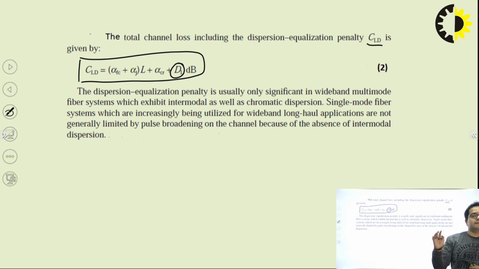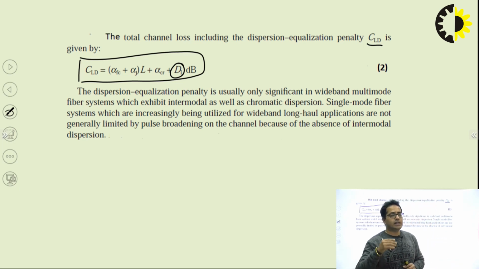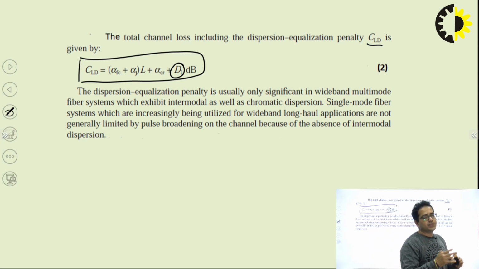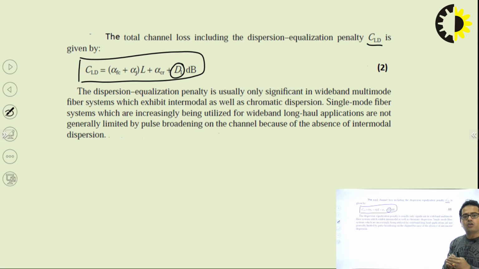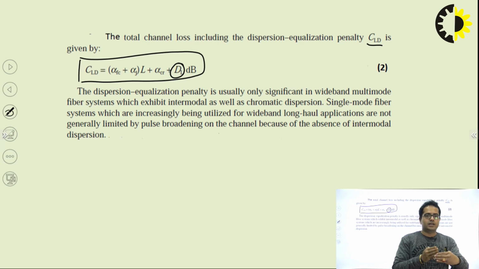This is the thing that one has to keep in mind, because sometimes in the examination, the examiner asks for the channel loss without considering the dispersion equalization, and in another part asks to find the total channel loss if the dispersion equalization is so and so.